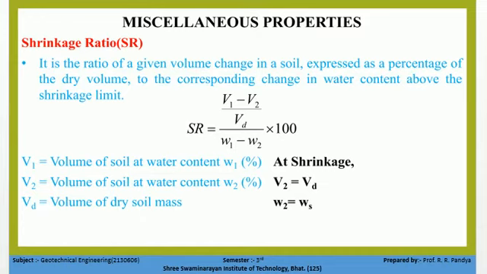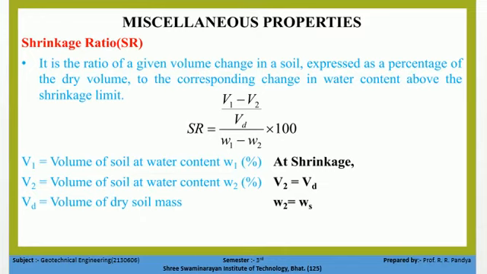The shrinkage ratio is derived from the equation SR = ((V1 − V2) / Vd) / (W1 − W2) × 100.